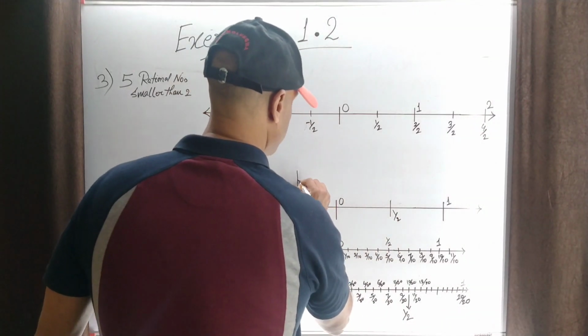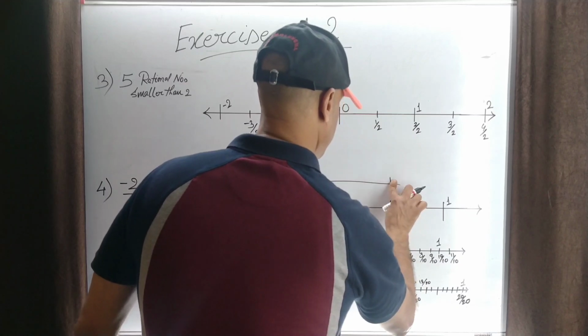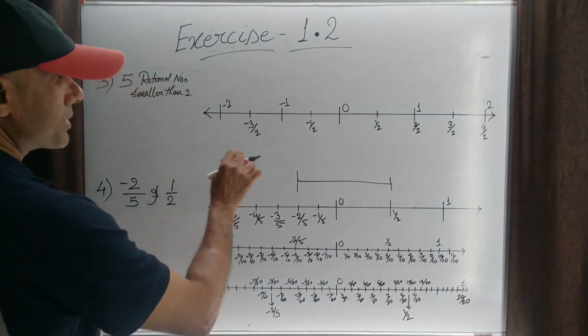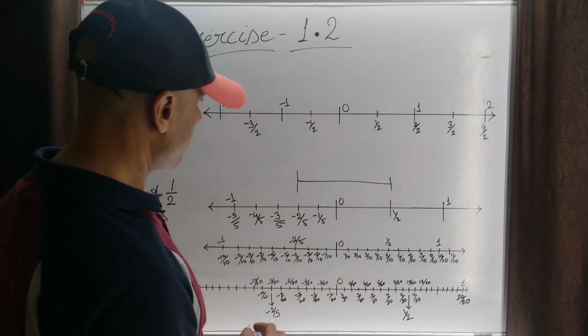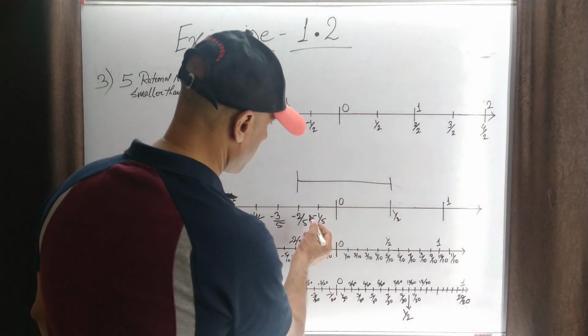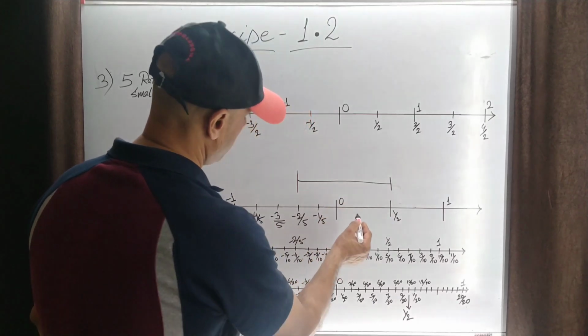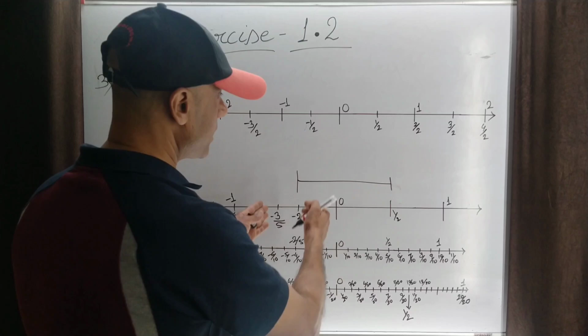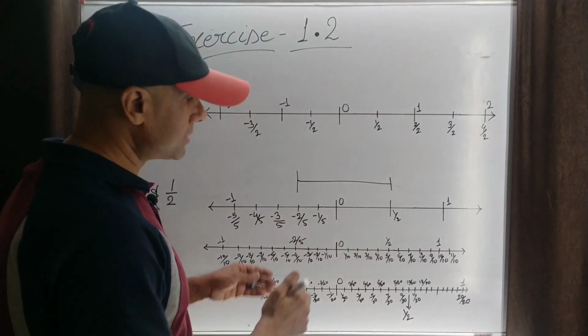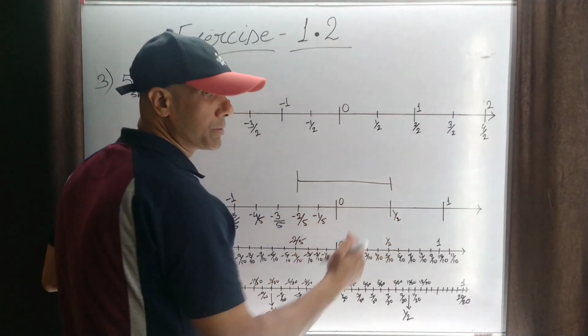So we have to find 10 rational numbers between these. Here you got only 1; you can divide again into half, so this will become 1 by 4 this way, but finding 10 is tough with this kind of number line.